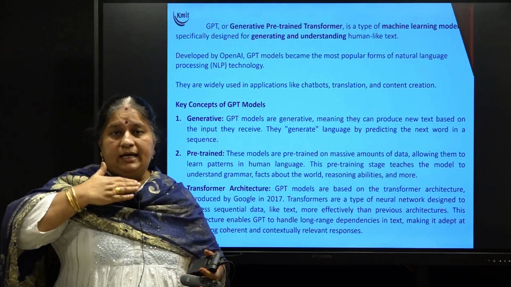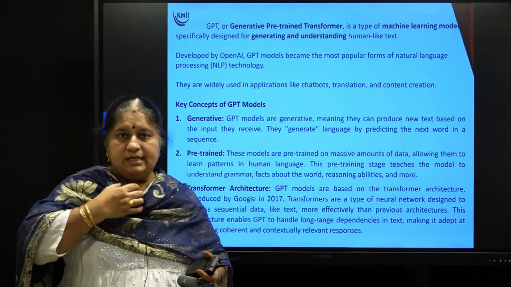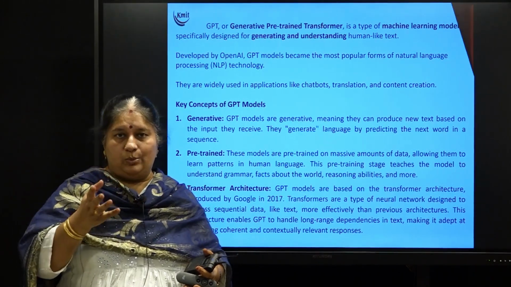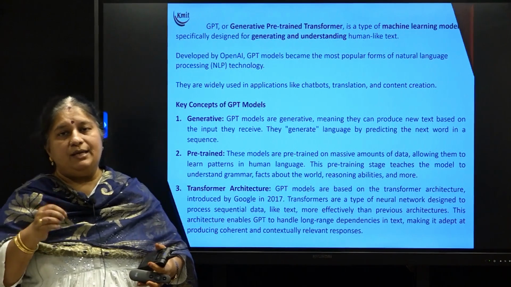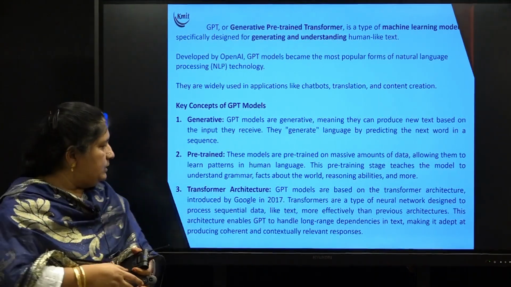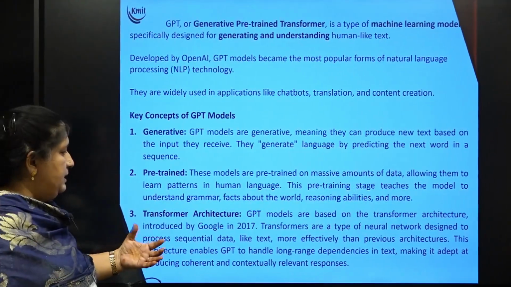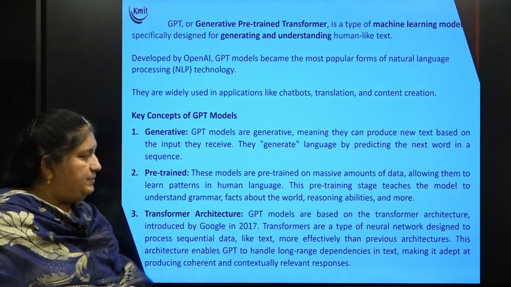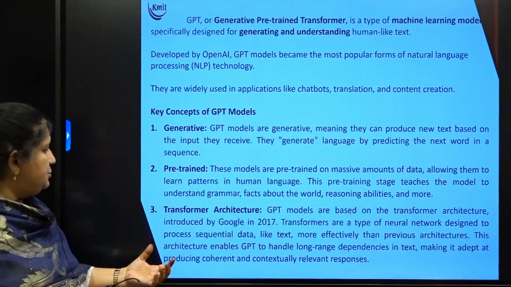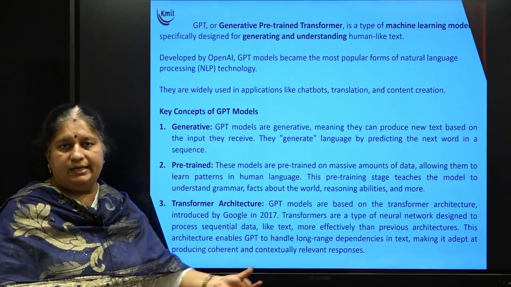Data that should be processed following a sequence, like text information, audio information, wherein you cannot skip the sequence. So transformers have the capability of sequence by sequence or sequence to sequence processing. GPTs can handle long range dependencies of the text, and they are also able to produce coherent and contextually meaningful sentences.